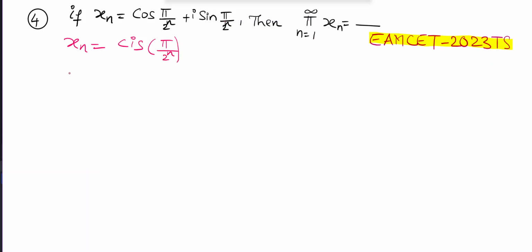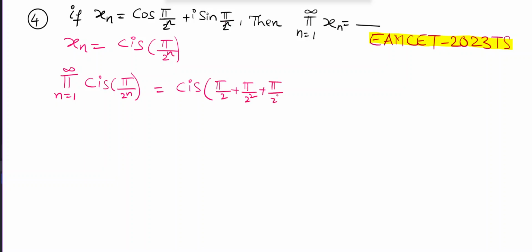Now find the product where n is equal to 1 to infinity. Product means cis of pi by 2^n. So substituting the values from 1 to infinity, for n equal to 1 the first value is pi by 2, for n equal to 2 it is pi by 2 squared, for n equal to 3 pi by 2 cubed, and so on up to infinite terms.